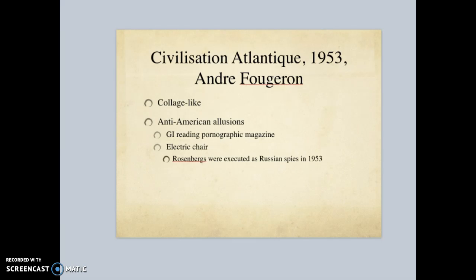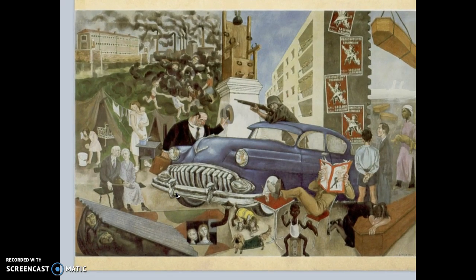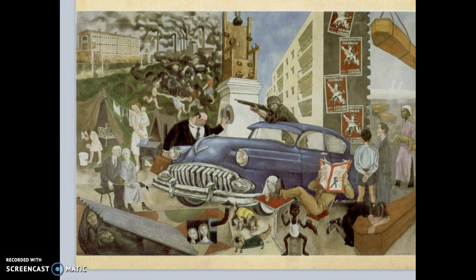The next piece is Civilisation Atlantique by André Fougeron. This is socialist realism. There are anti-American allusions contained in it, a couple of which are listed here. You can see within the image that there's a lot going on. If you're to do an analysis of this, I would begin by talking about some of the imagery that's associated with America.